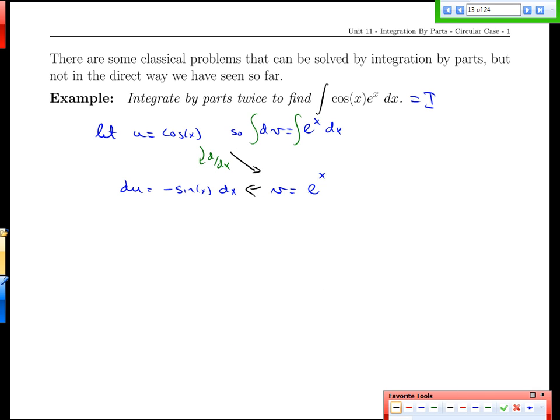Add our arrows, and our integral is going to equal cos of x e to the x minus the integral of e to the x times minus sine x dx, and that equals cos of x e to the x plus the integral of e to the x sine x dx.